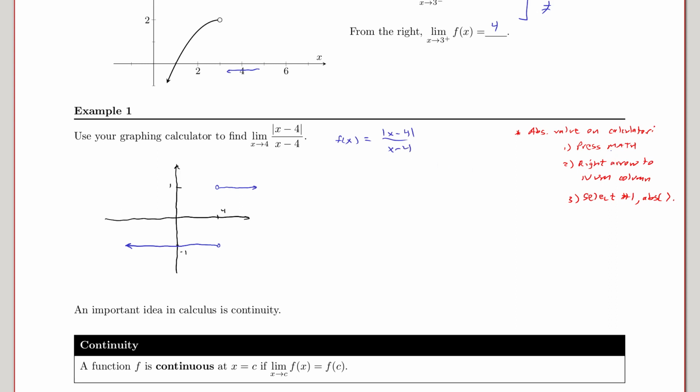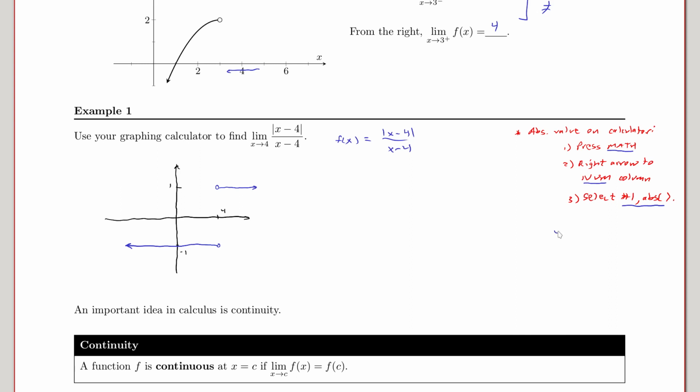So if you press the math button, on the TI-84 series of calculators, it's right below the alpha button. It just has math. It should be pretty easy to remember. It'll bring up a menu that has a number of columns. Just right arrow to the second column, which is number, and it's the first one on the list, ABS.